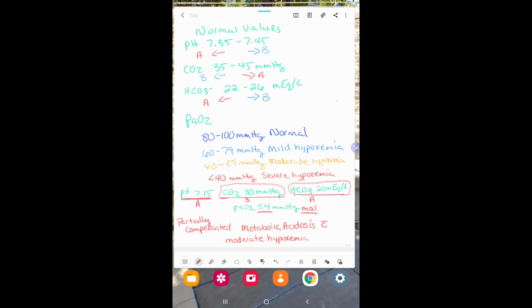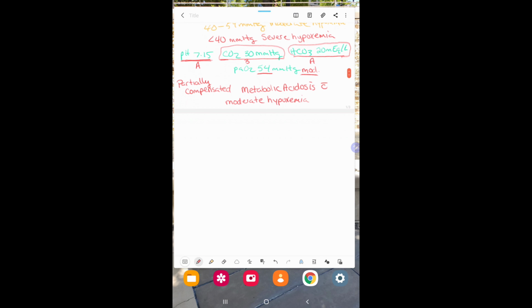Okay, so now we're going to a clean page, but whenever I'm going to a clean page, I'm going to go ahead and rewrite, so we don't have to waste time and scroll up. I'm going to rewrite our normal values. So I'm going to put pH 7.35 to 7.45 and CO2 35 to 45.